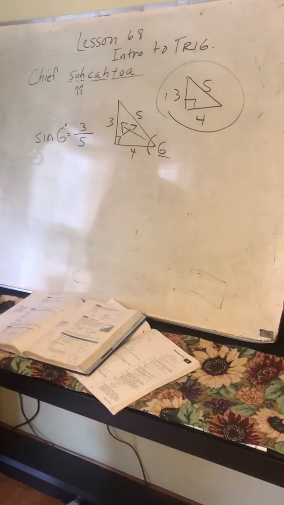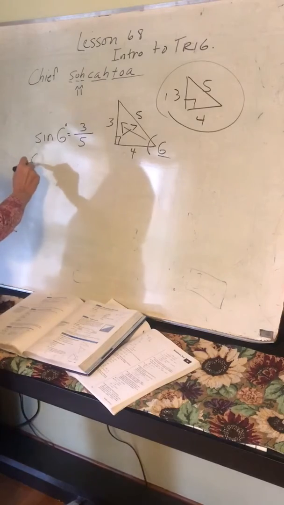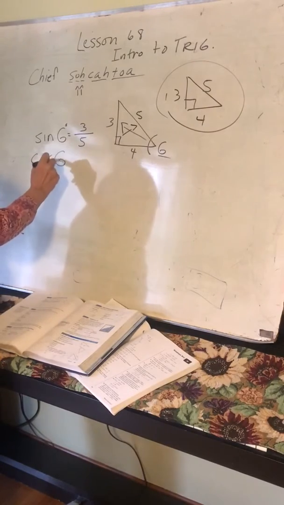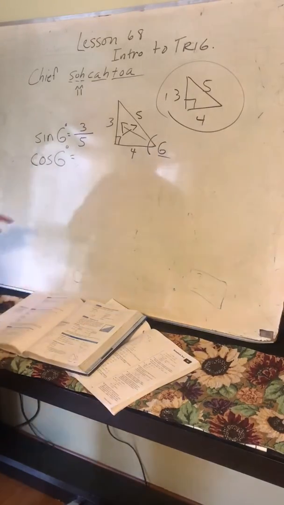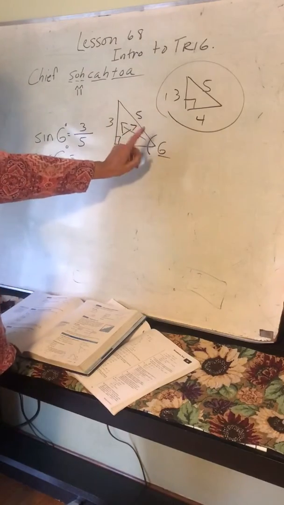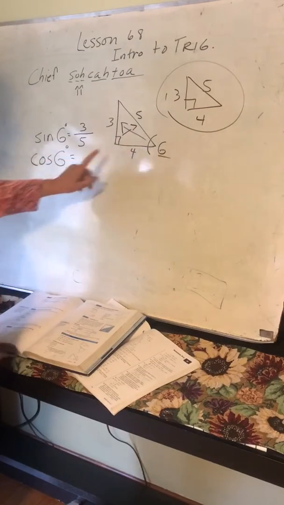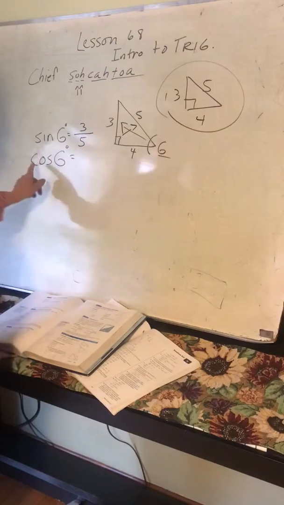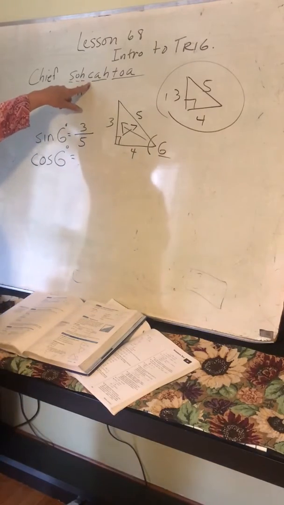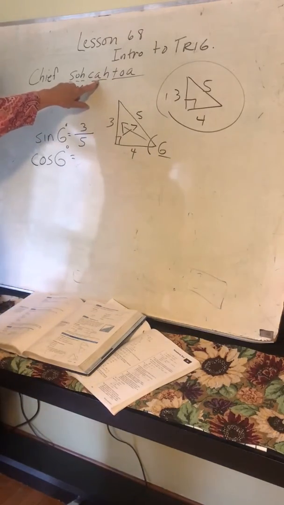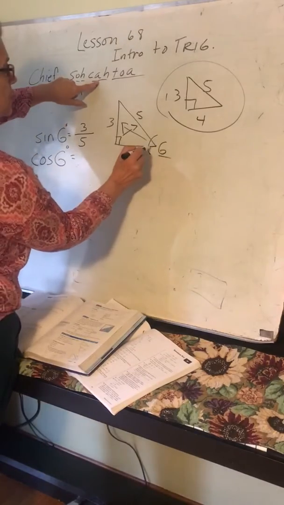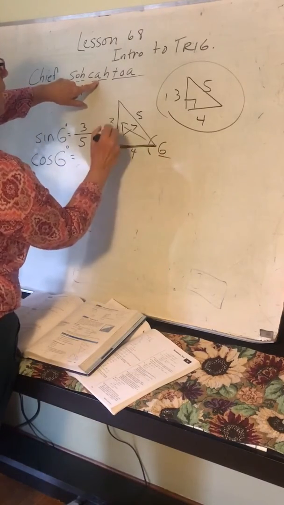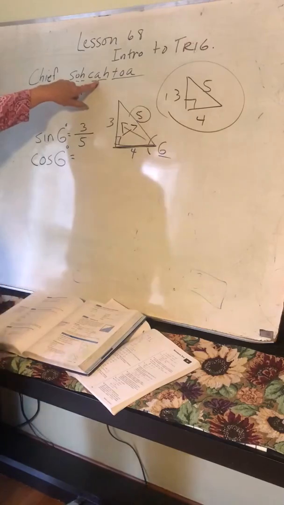You could also compute it by using the cosine of G degrees. If you're trying to find this angle measure of G and you want to use the cosine, then you need the adjacent measurement. Adjacent is the one right next to it, not the hypotenuse, okay?